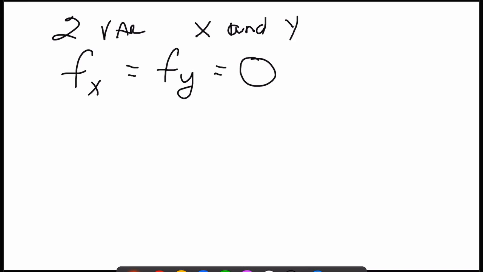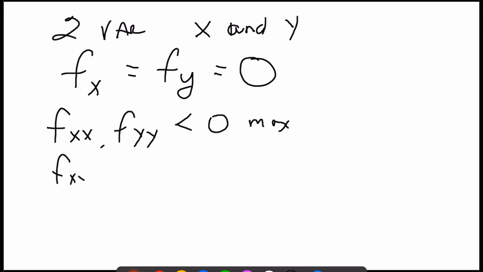Then the second derivatives both have to be less than 0 for it to be a max. And the second derivatives both have to be greater than 0 for it to be a min.